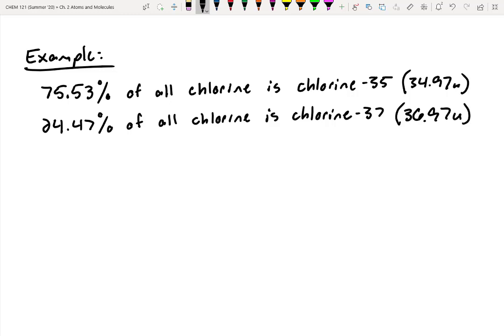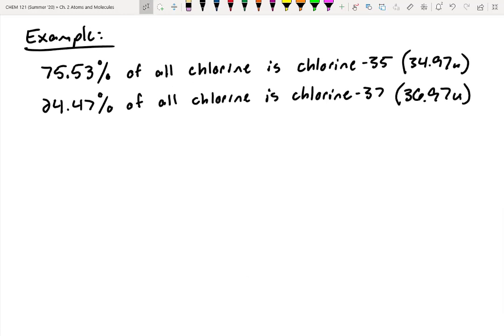So let's try to calculate what the average mass would be and what should be on the periodic table. So let's do the atomic weight. And in this case, I'm going to multiply the percentage of chlorine 35 by its atomic mass. So I would say, all right, this is 75.53%.